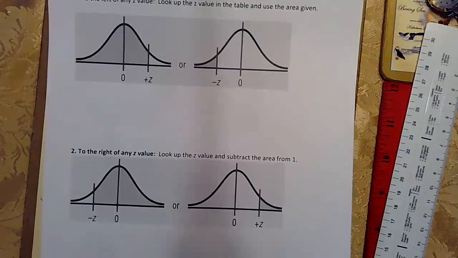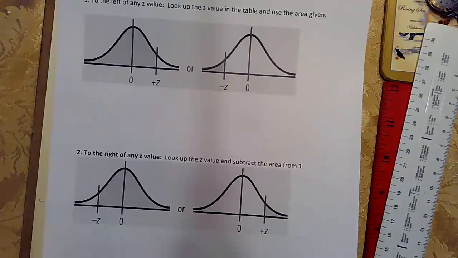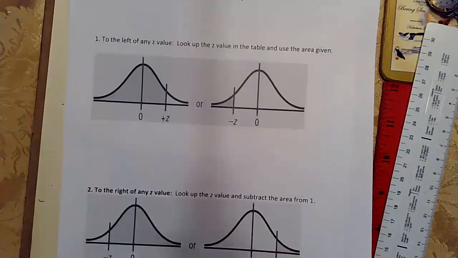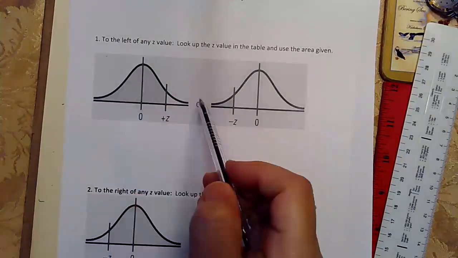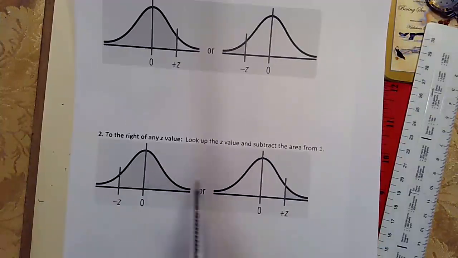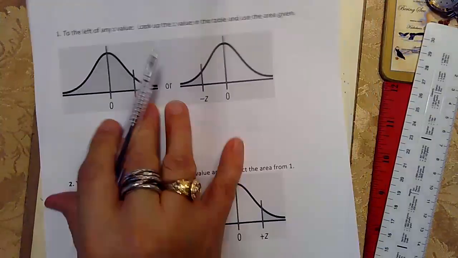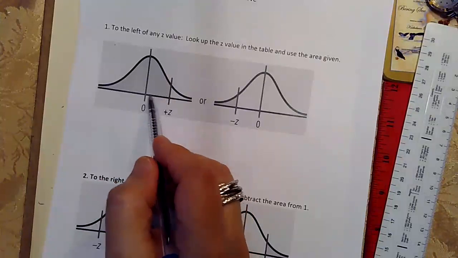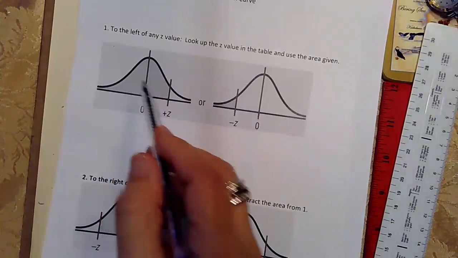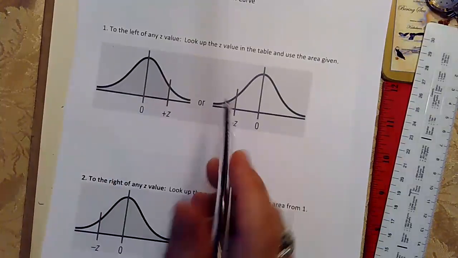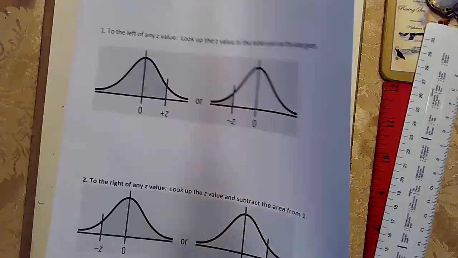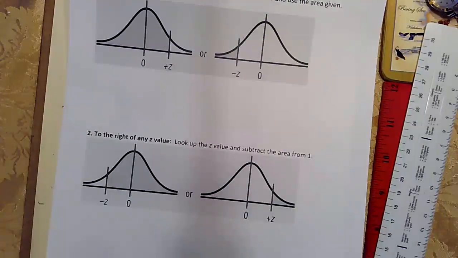Okay. On page 142 and page 143 we have the 3 different types. Here, this is number 1, the easiest type. You're finding the area to the left of the curve. It's the easiest type because it reflects the areas in our table, to the left of the curve.